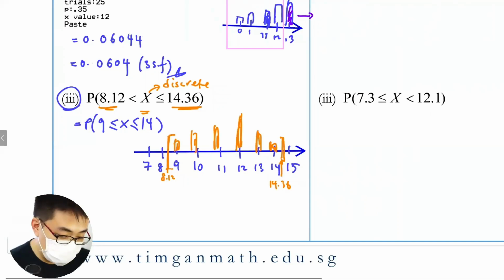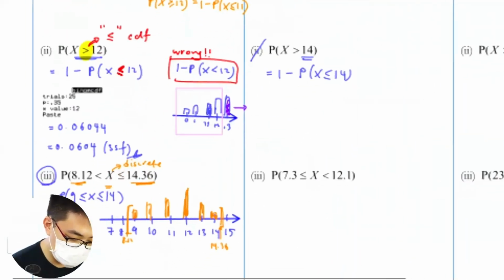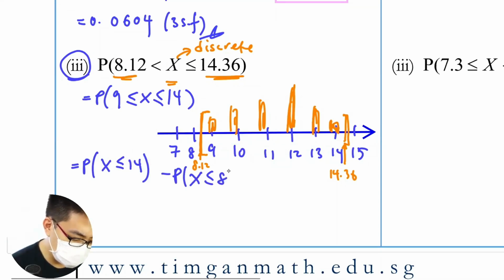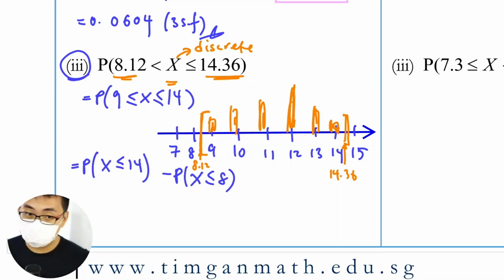So using CDF, this would be P(X ≤ 14) minus P(X ≤ 8).